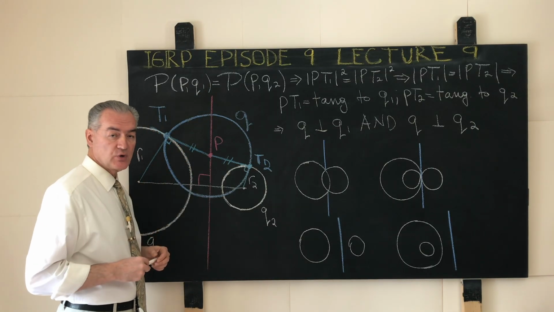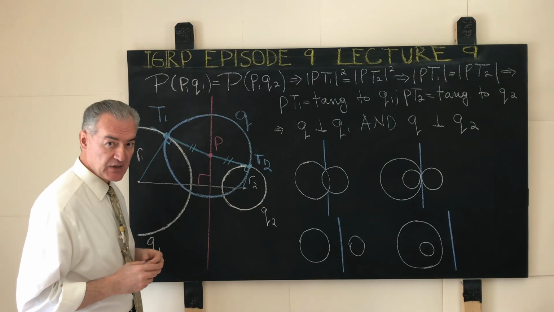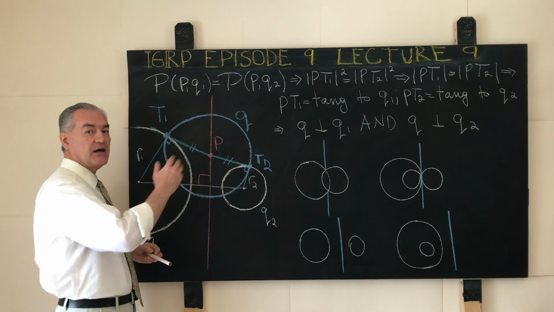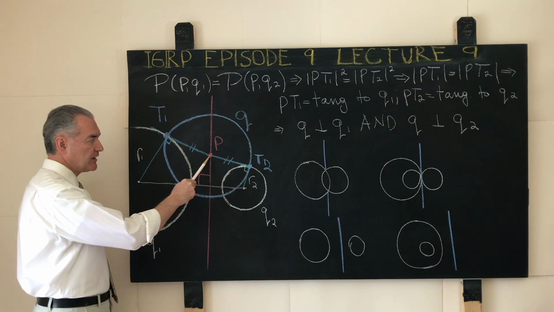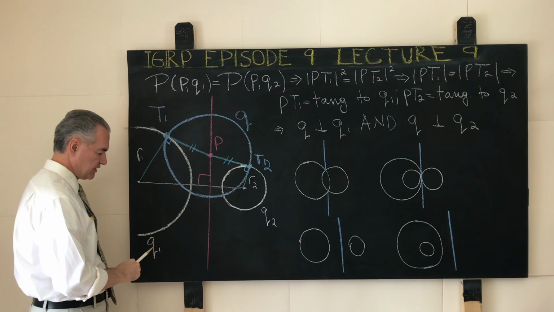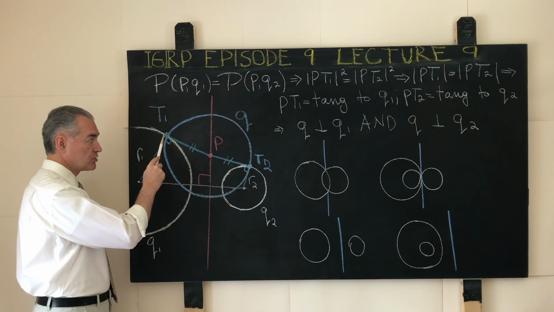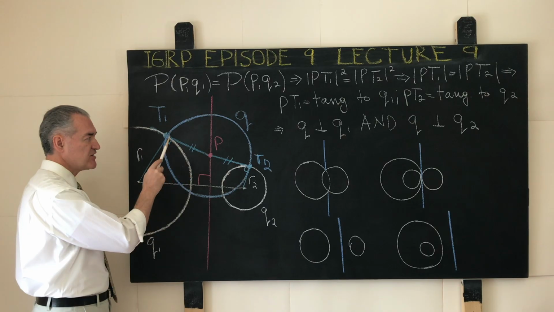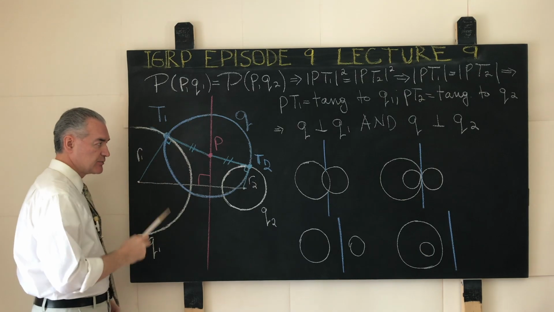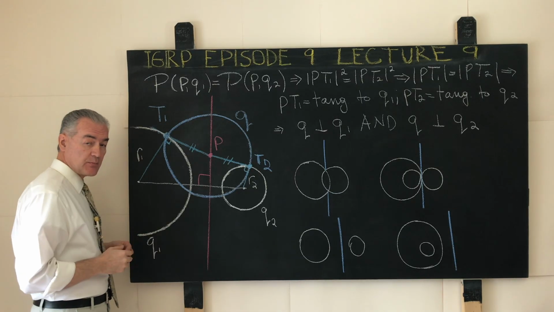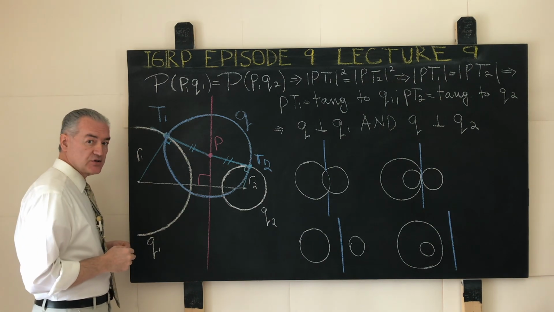Remember, when we introduced the definition of the power of a point with respect to a circle, we said that if such a point of interest is located strictly outside of the circle, say the circle Q1, then the geometric interpretation of the power of that point with respect to that circle is the square of the length of the tangent drawn through this point to that circle, simply because in that scenario it is possible to apply Euclid's Elements Book 3 proposition 35 or 36, I don't remember exactly the number, but this is the so-called tangent-secant theorem.